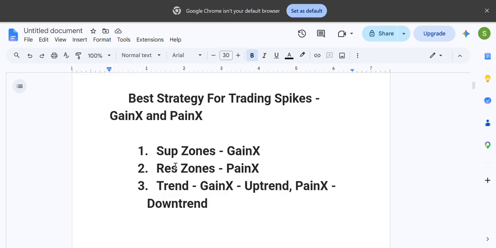Then the trends are also very, very important. Just like you guys have known, I am a fan of trend trading strategy. So even if you are trading spikes, you should know your trend very well and you should know the right trend for each of the assets. For GainX, the best trend is when the market is on uptrend.